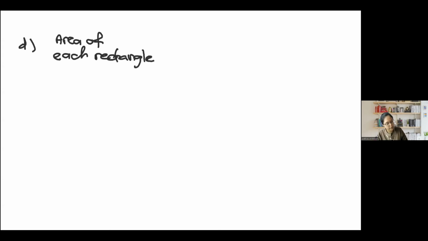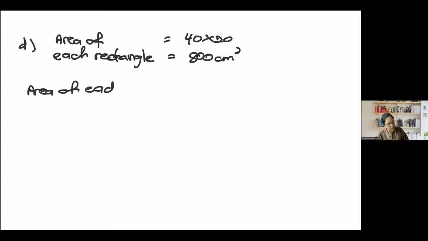So looking at this question, what we're going to do now is first find the area of each rectangle. We get 40 multiplied by 20. That's the dimension of the rectangle. So you get 800 cm squared. And then the area of each sector. So we have each circle sector here, and we're going to calculate that.